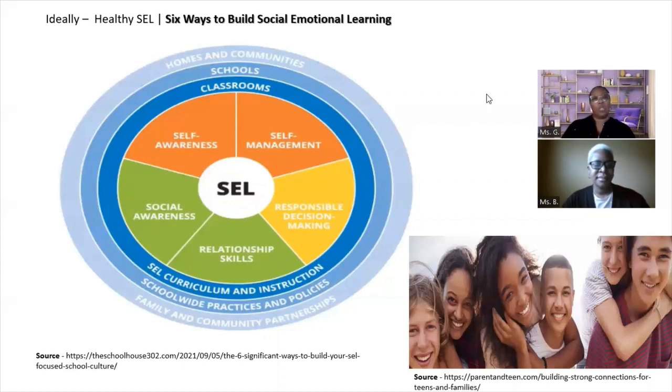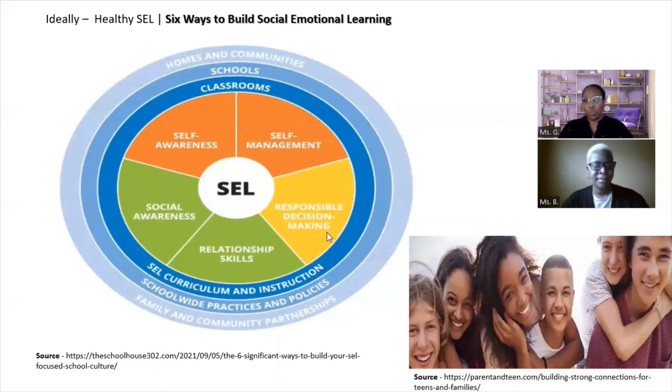And if you look at our chart here as well, and these sources I will link in the description, this is from Schoolhouse 302. It talks about the support system that surrounds that whole child. And so you have instruction that's supposed to be geared towards supporting that child academically.